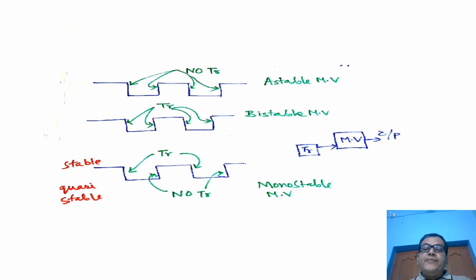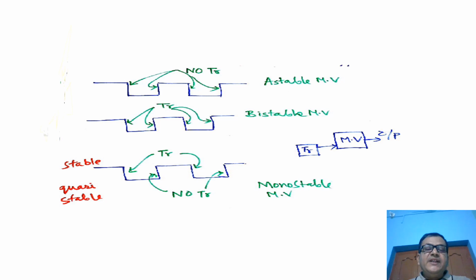For astable multivibrator, as it doesn't require any external triggering, we don't need any external triggering circuit. It automatically switches from 1 to 0 and 0 to 1 and so on. That's why it is called astable multivibrator. We can say neither of the states is stable.